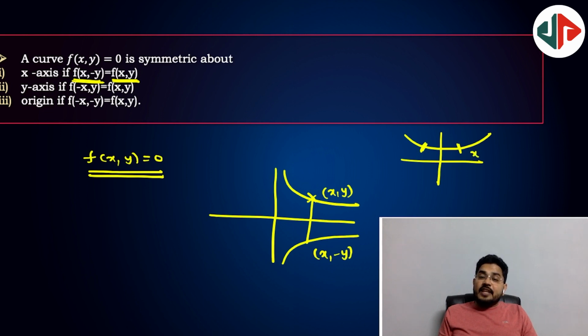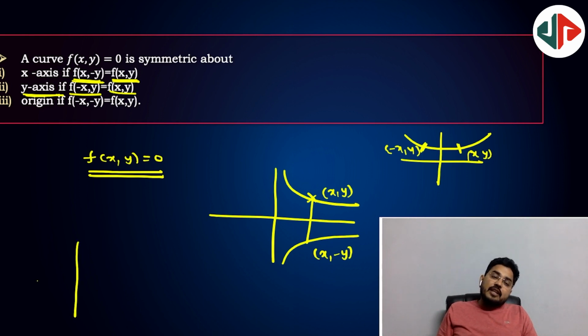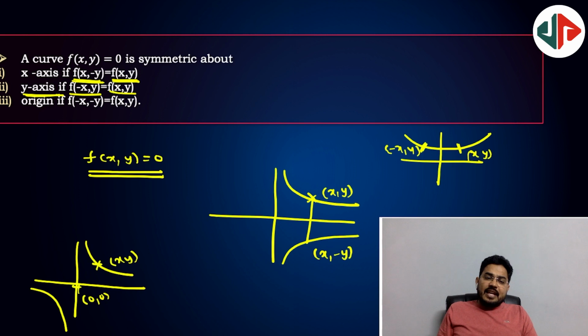So for the curve to be symmetric about the y-axis, f of minus x comma y should remain the same as f of x comma y. And last but not the least, if a curve is symmetric about the origin, then for every x comma y, the image with respect to the origin, minus x comma minus y, should be present here.